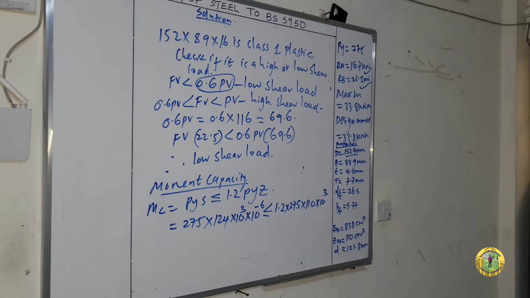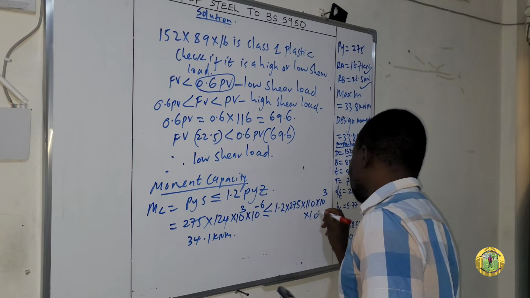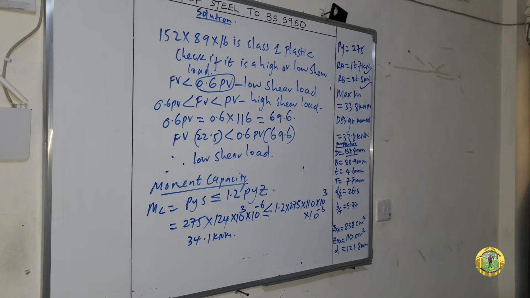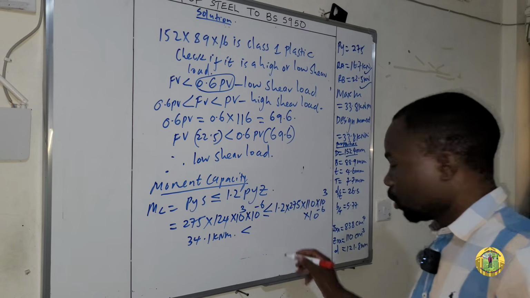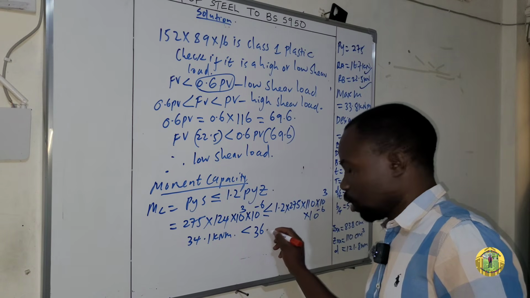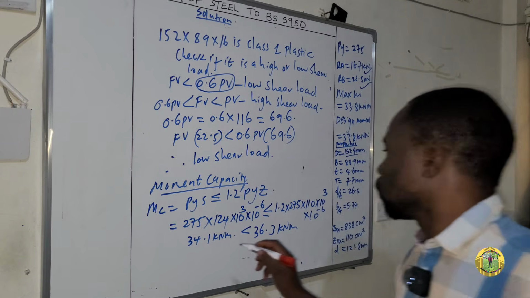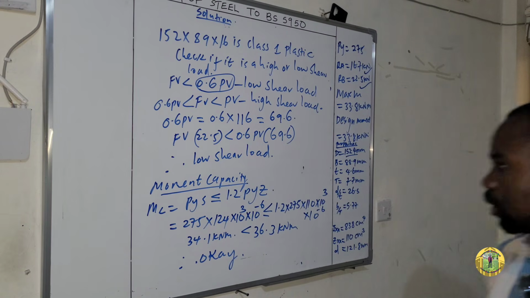So let's carry out the operation. Again, remember to multiply by 10 to power of negative 6 so that we have our answer in kilonewton meter. So this is 34.1, and it is less than 36.3 kilonewton meter. Therefore, okay, like that.